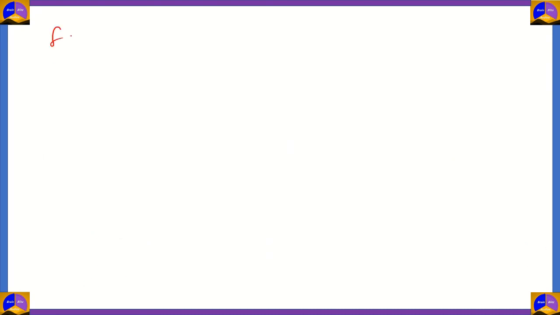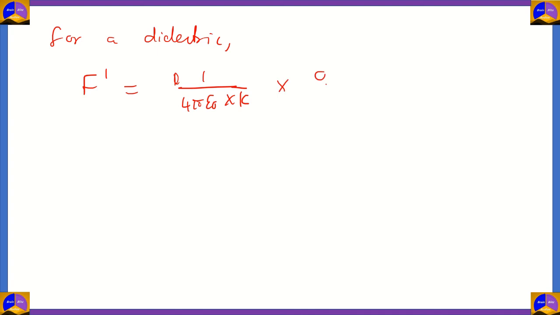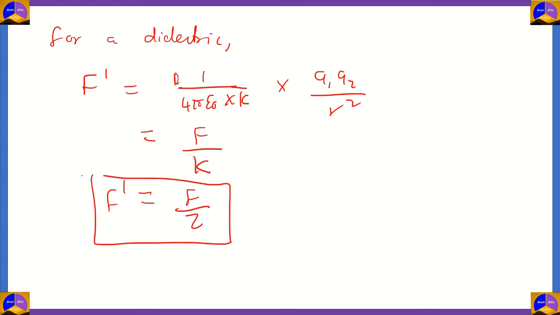For a dielectric liquid, the value F dash will be 1 by 4 pi epsilon naught times k, which is the dielectric constant, and then q1 q2 divided by r squared, because all the other quantities are the same. So F dash is equal to F divided by k, the original force divided by k. Since the value of k is 2, F dash is F by 2.